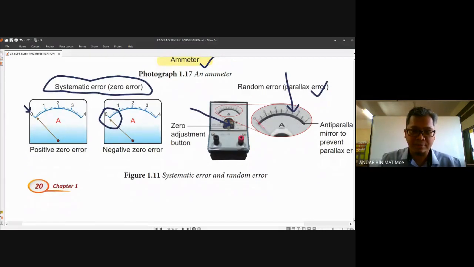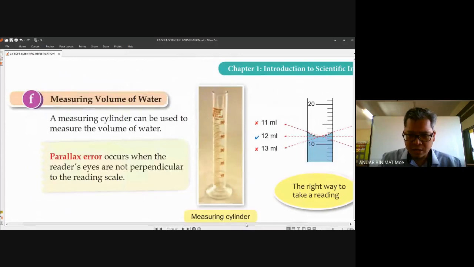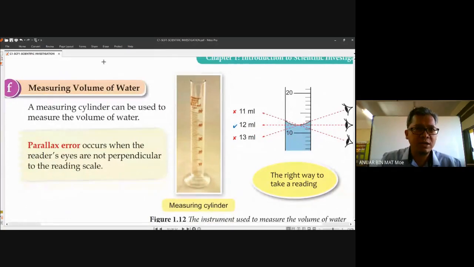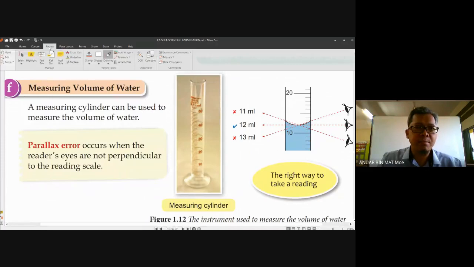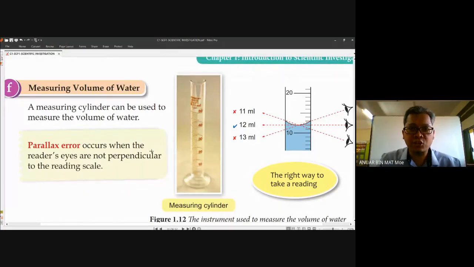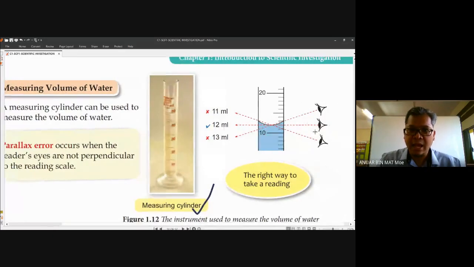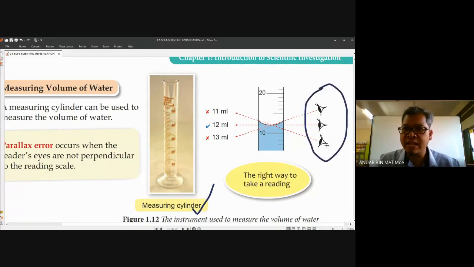Right, so we continue. F, measuring the volume of water. What is the measuring instrument? You use a measuring cylinder, and like usual, if you use a measuring cylinder, we also have parallax error. You must avoid parallax error. What is the parallax error? The positioning of the eye. Again, to measure the level of water here, you must watch parallel to the scale of the measuring cylinder.